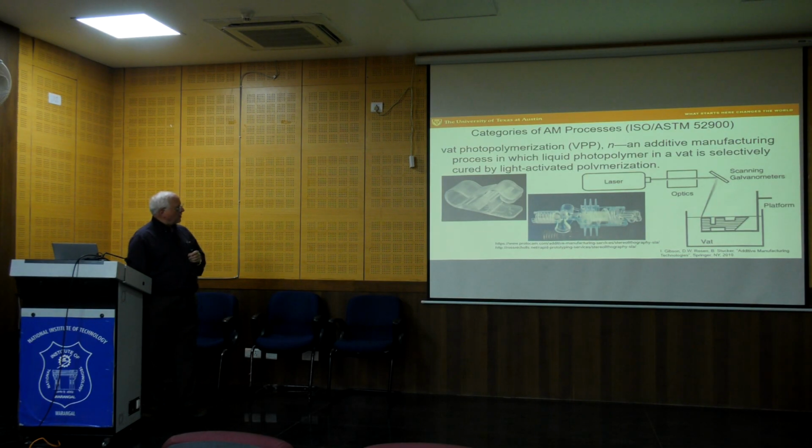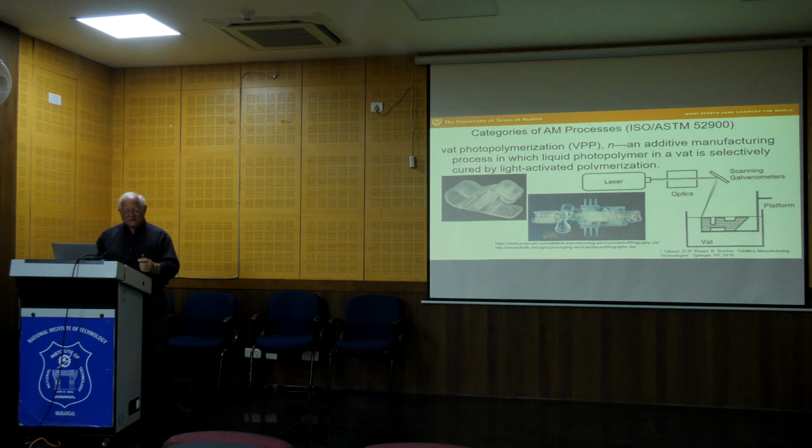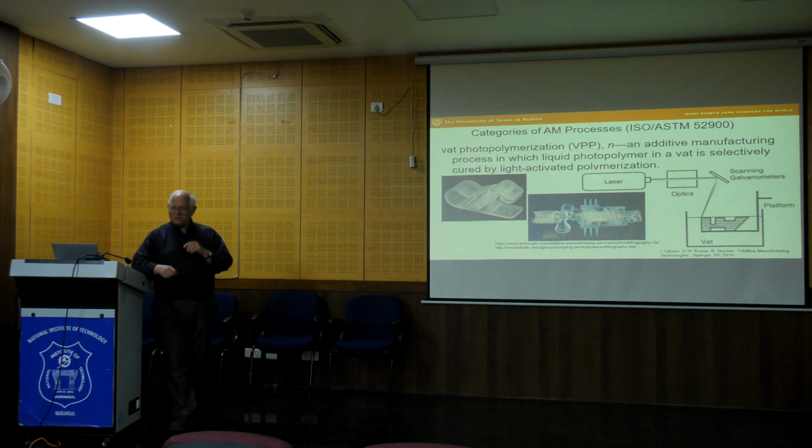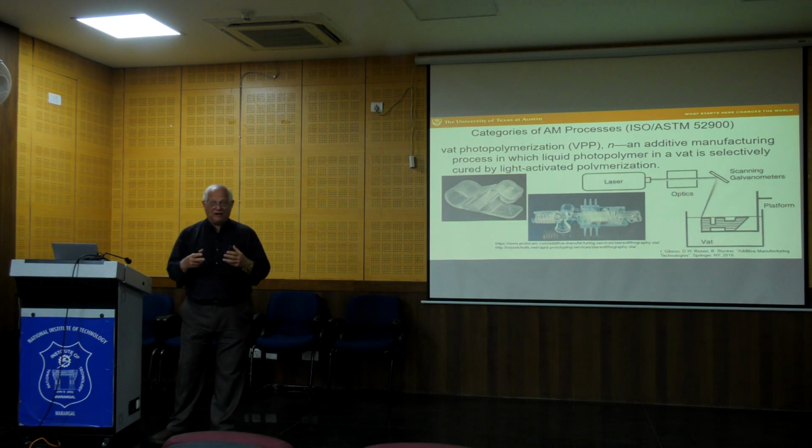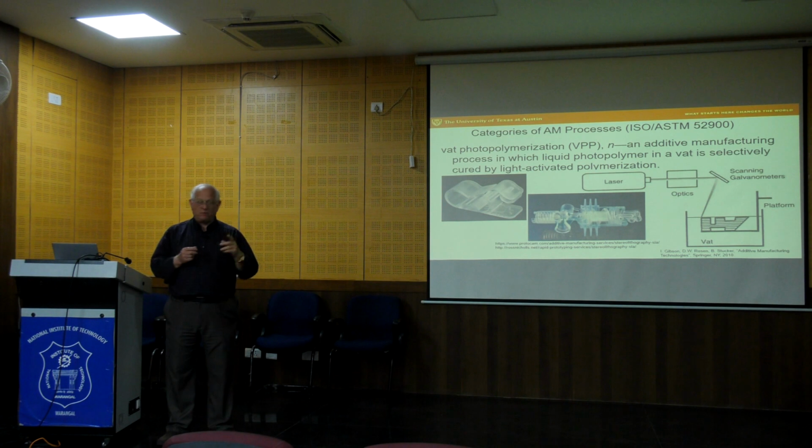Again, these parts are spectacularly fine detailed, and the surface is very smooth. It's again the smoothest of the parts that we see. And as a matter of fact, I should mention as well, there are post-processing technologies that make the part even smoother. One example is we can take a stereolithography part out of the machine, cure it, and then there's some commercially available paints.